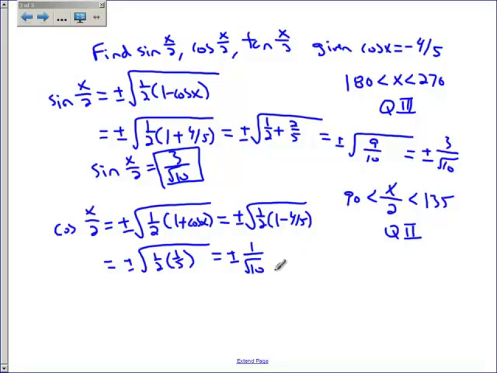Now, since this is x over 2, and you know that x over 2 is in quadrant 2, then what is the value of cosine in quadrant 2? Cosine quadrant 2, we went left, that's negative. So I better pick the negative version of that.